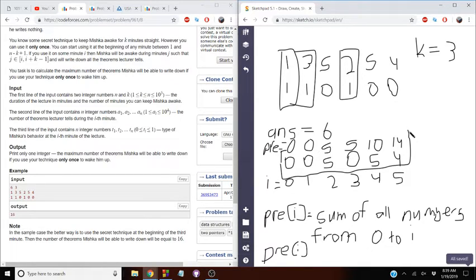This entire range here equals this entire range here plus the 4, right? So the 4 equals input of I, and then, oh shoot, this entire range here equals prefix of I minus 1.